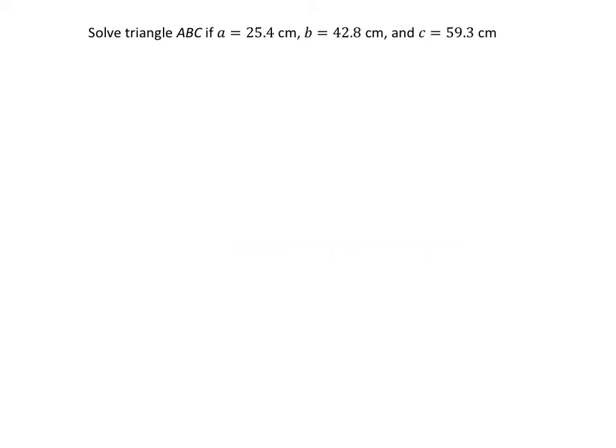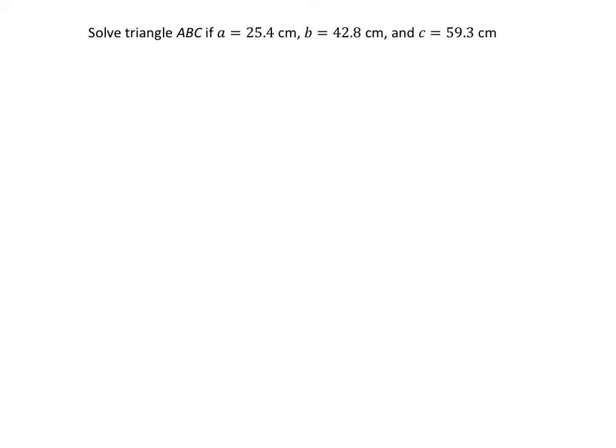We'll try another one. This one is a side-side-side triangle. Now, the one thing that I want to emphasize to you is that when you are given a side-side-side triangle, I want you to always start by finding the largest angle. The reason is because we use law of cosines for pretty much the first step, and then we use law of sines for the remaining steps.